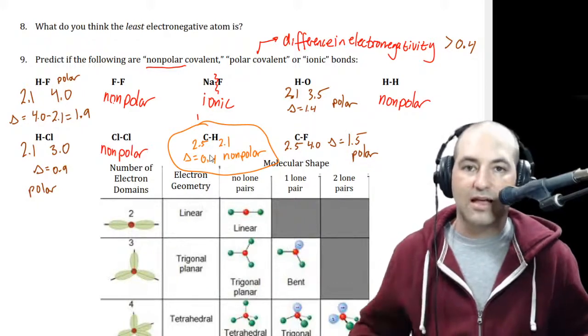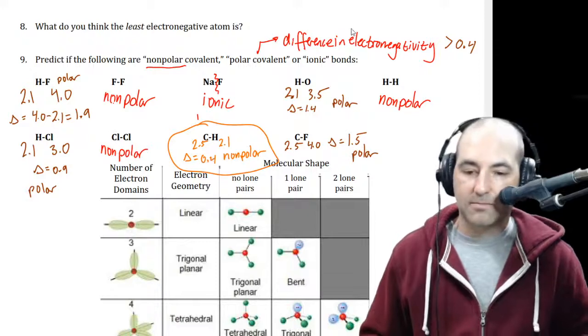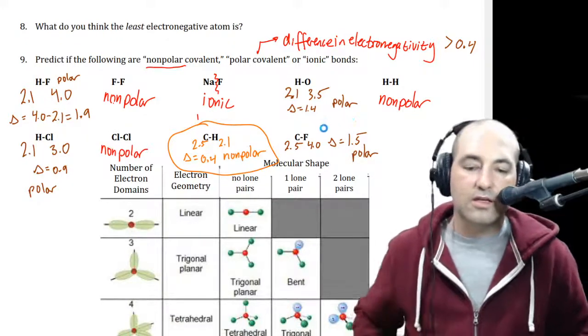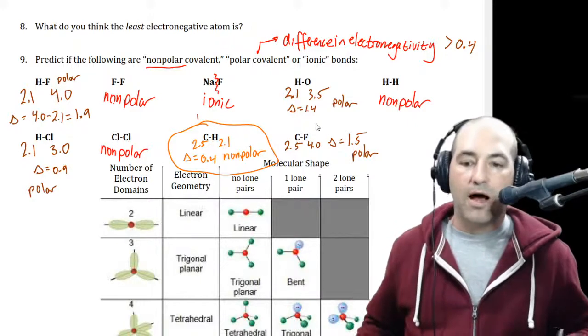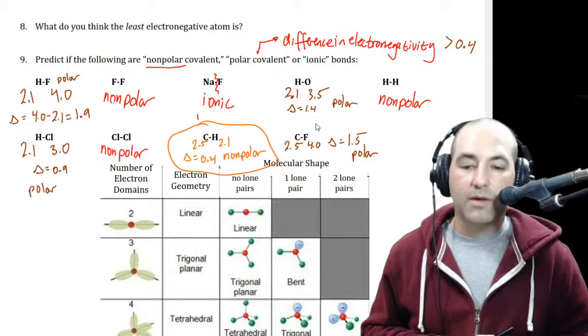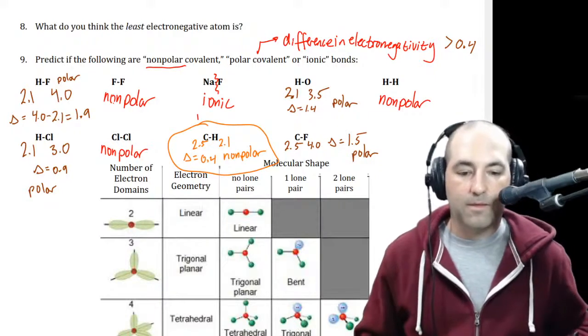We're going to see lots and lots of CH bonds, and it's important to recognize that those are nonpolar bonds. Because ultimately the point of doing all this is that when we think about how molecules interact with each other, polar molecules are going to interact in one way, nonpolar in a different way.